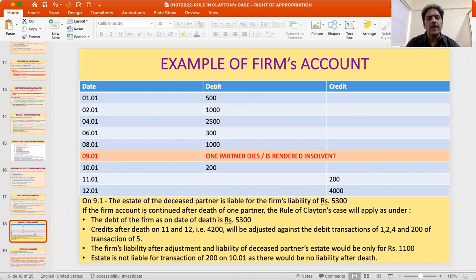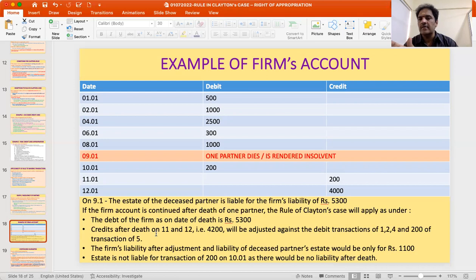If the firm account is continued without discontinuing and opening a new account, then on the date of death of the partner it has 5,300. Then the credits in the account on 11th January and 12th January, 2,000 and 4,000, will be appropriated for the debts which are due before his death. So 4,200 will be knocked off from the account, and the liability will be only 1,100 rupees.